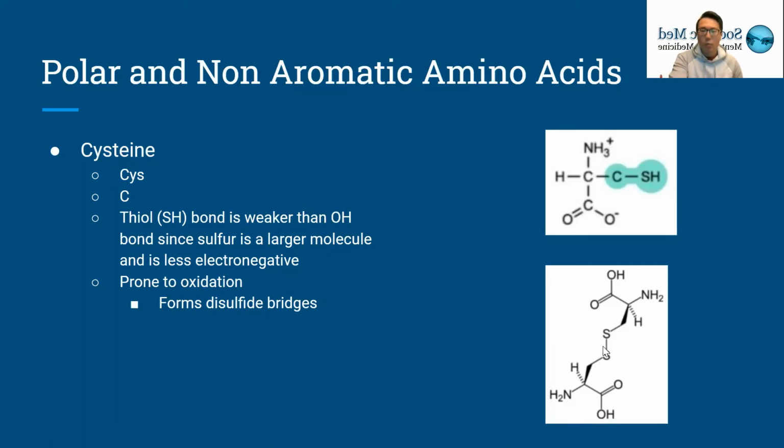But you can break this up using a denaturant that reduces this bond, or oxidizes it, in order to break apart the disulfide bridge. So the disulfide bridges of cysteines contribute to the tertiary structure of proteins.